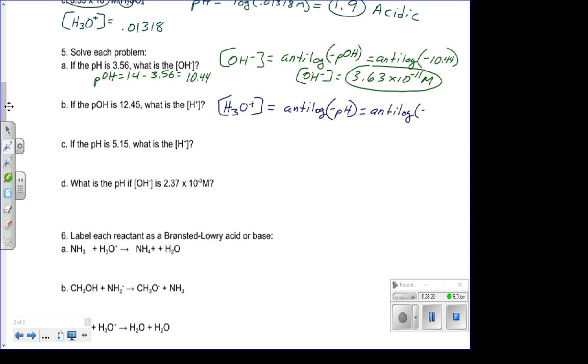If our pOH is 12.45, our pH is going to be 14 minus 12.45, which is 1.55. So antilog of negative 1.55 is 0.028.